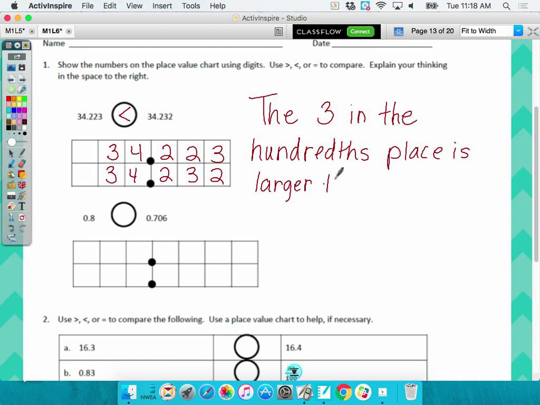Larger than the 2. So, 34 and 232 thousandths is greater. That makes sense?